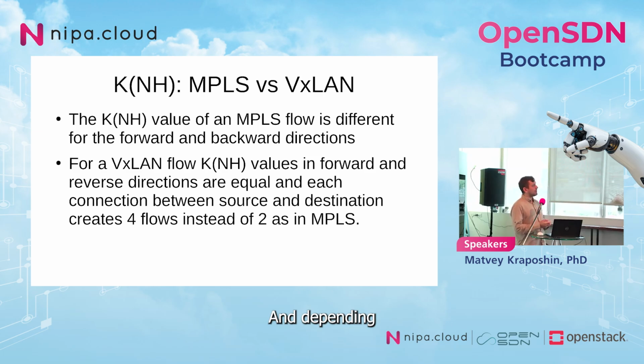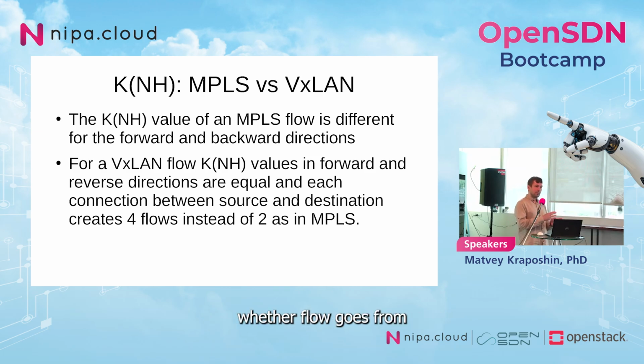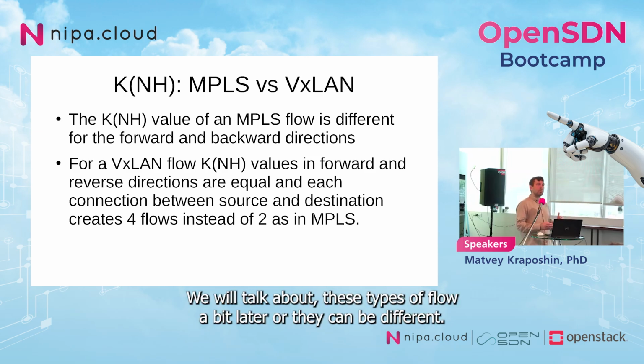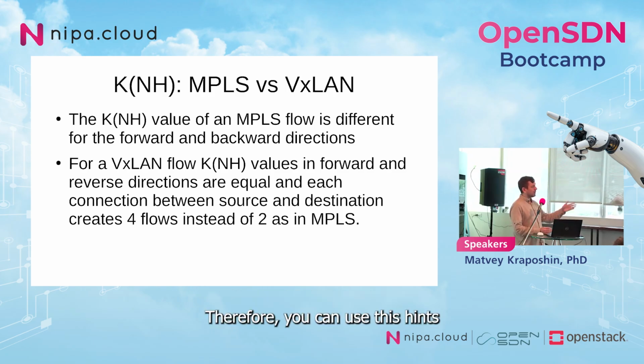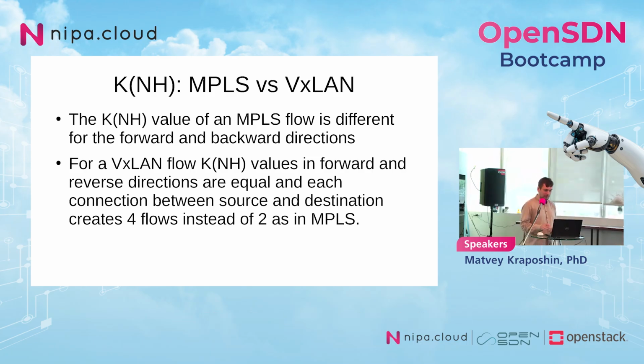And depending on the protocol, MPLS or VXLAN, depending on whether the flow goes from one hypervisor to another, or flows start and end in one hypervisor, this KNH can be the same for forward flow and backward flow. We will talk about these types of flow a bit later. Or they can be different. Therefore, you can use these hints to understand what kind of flow you see.